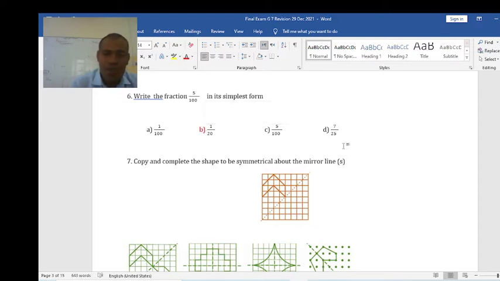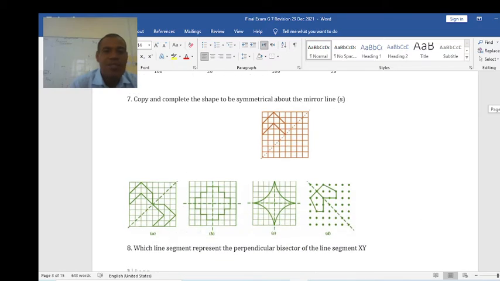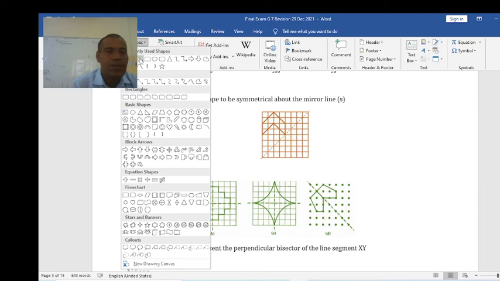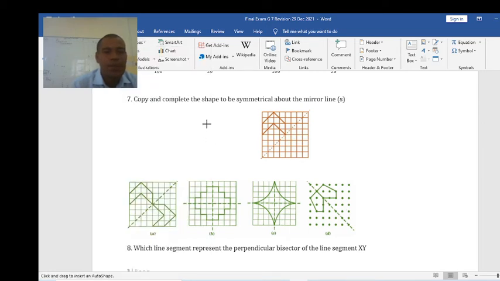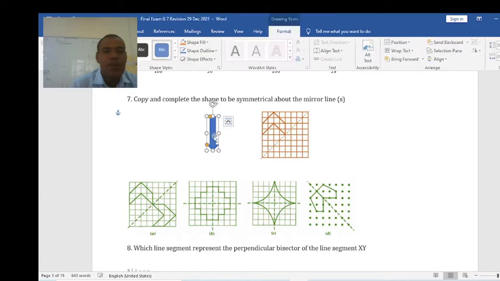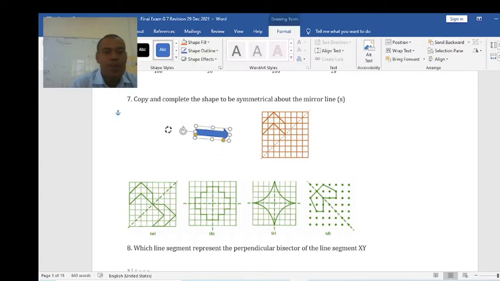Copy and complete the shape to be symmetrical about the mirror line. This is the shape that we are looking for. This is the shape that we are going to reflect under the mirror line.